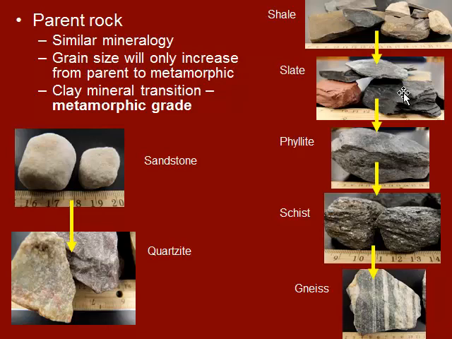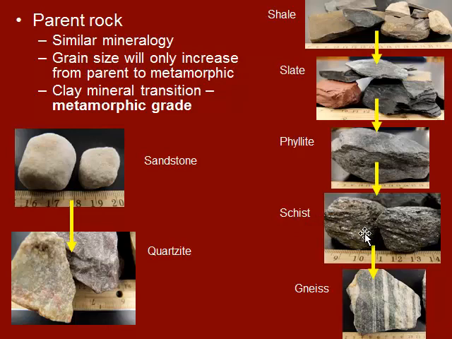If we keep increasing the heat and pressure, we get phyllite. We start to get things like chlorite and graphite starting to form if there's any carbon present in that original shale. We start to really see more of that foliation. More of those grains are aligning themselves. We increase the heat and pressure even more, and we start to actually see minerals forming. So we start to get what's called a schist.